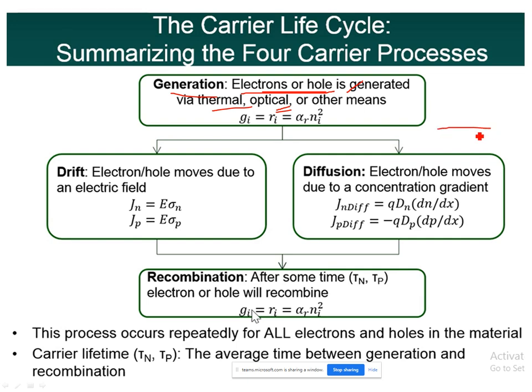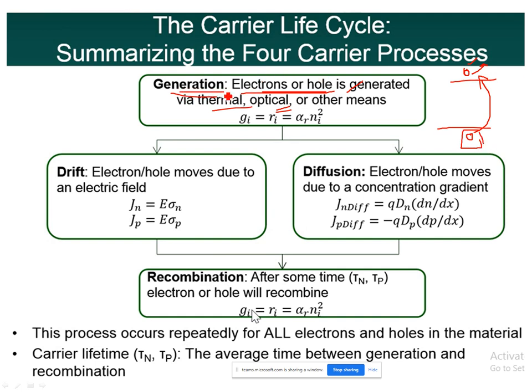How? If an electron moves from the valence band to the conduction band, then we can say that this electron is free to move, and we say that it is generated, right? And when the electron moves from the valence band to the conduction band, we can definitely say that a hole is generated.